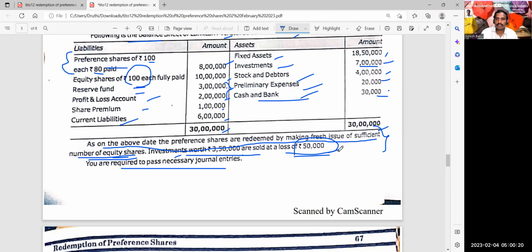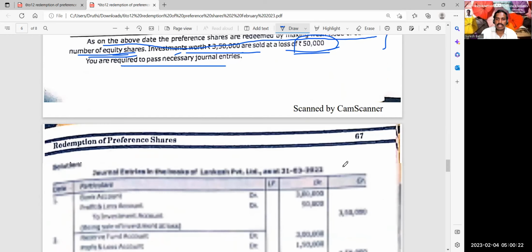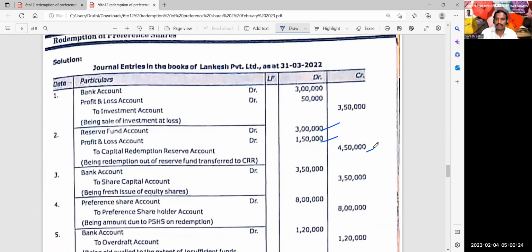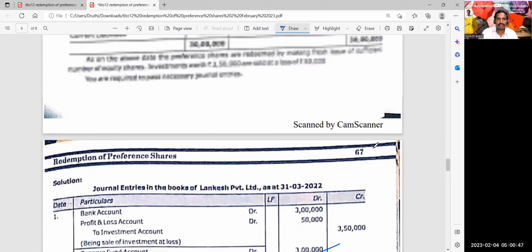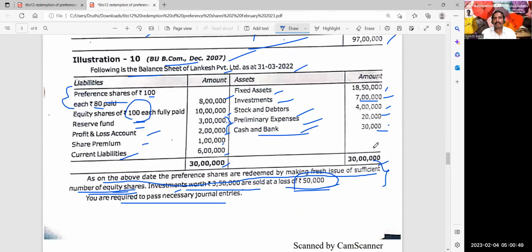So 1,50,000 plus 3 lakh, you have got 4,50,000 rupees. Then for the remaining balance figure, the company is issuing the equity shares. So this is the wrong way of solving the sum. This is absolutely wrong.